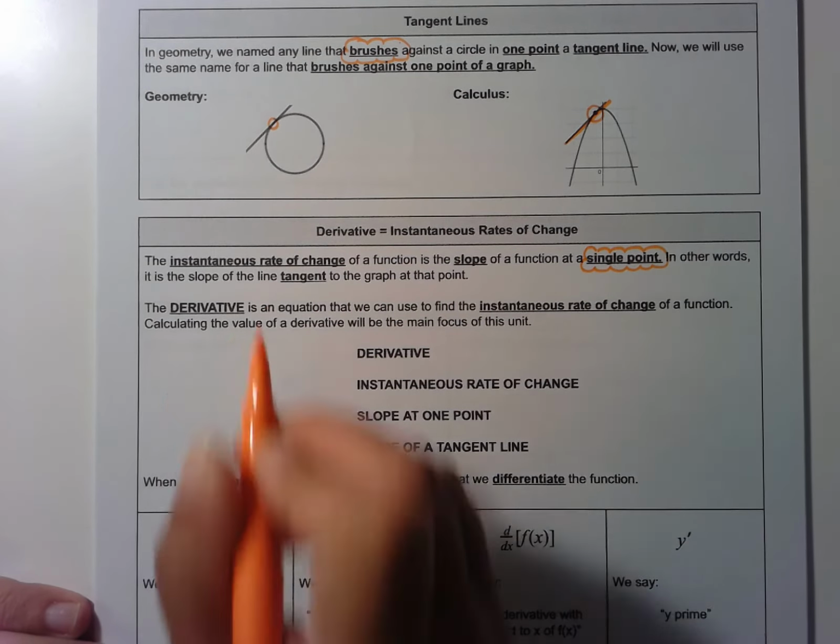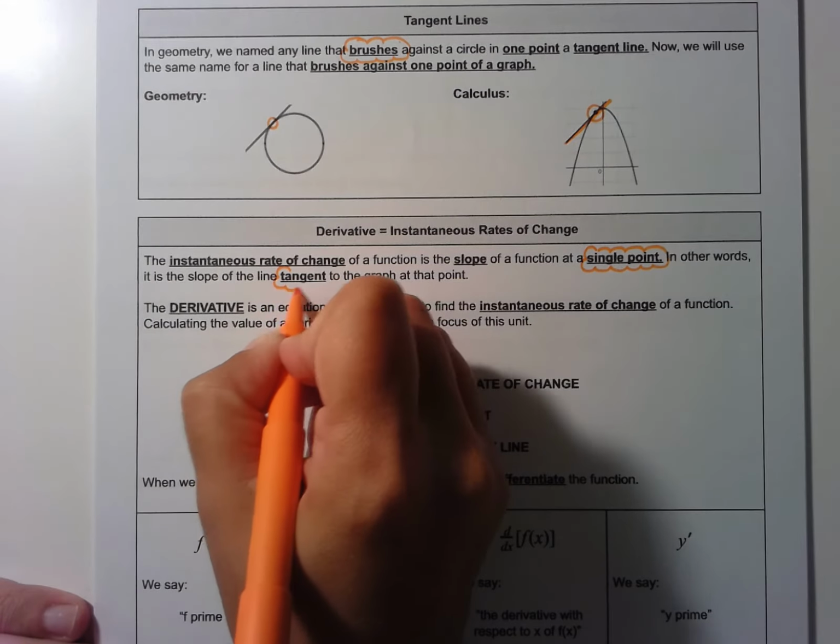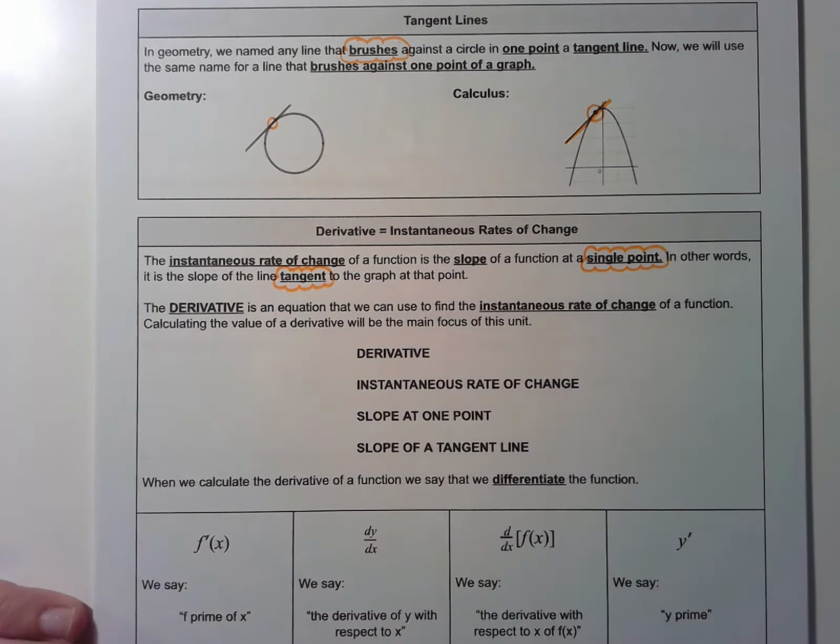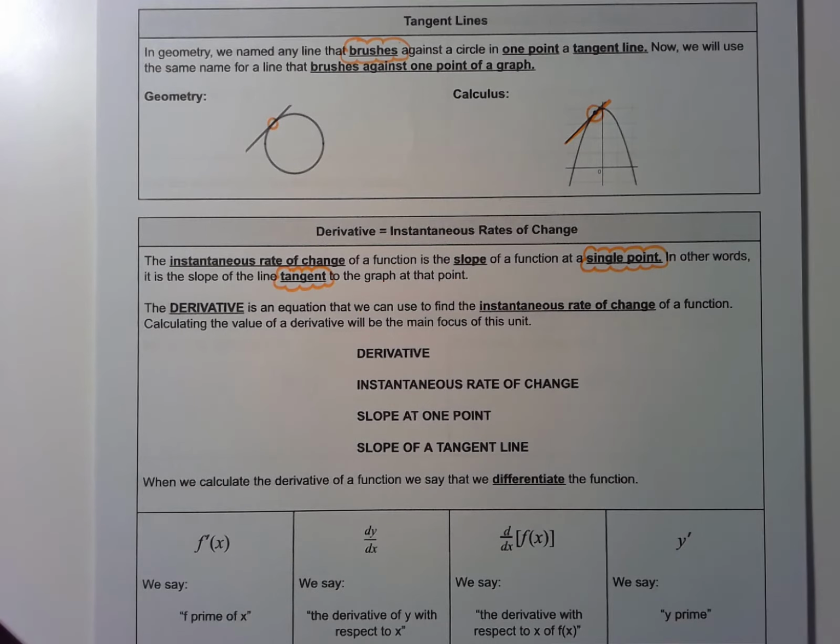In other words, it is the slope of the line that is tangent to the graph at that point. So just like our secant line, we needed a slope, but we had 2 points. Now for our tangent line, we need a slope. We're only going to have 1 point. And since it's a special kind of slope, we give it a special name and we call it a derivative.